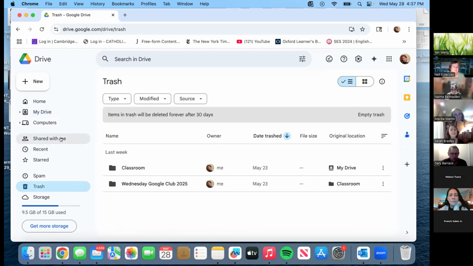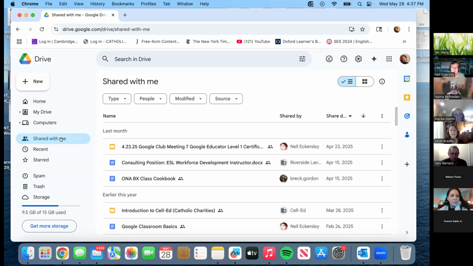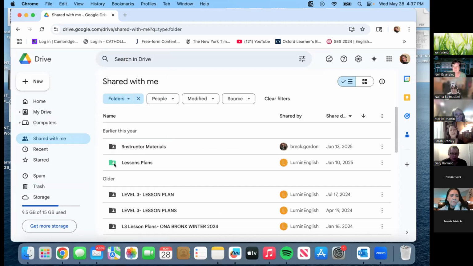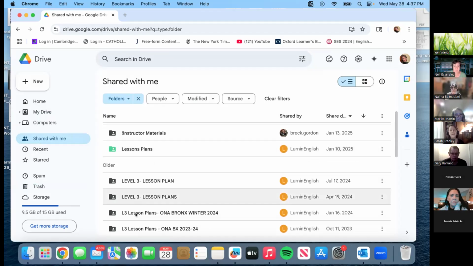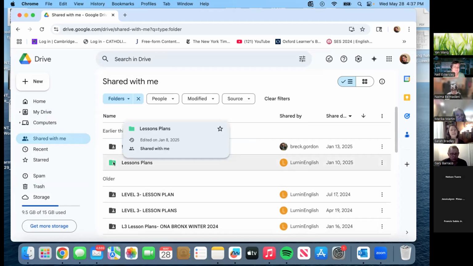Somebody else made the folder for me. Again, this is something that I had to learn. Again, I go into folders and I've got it in green so I can see right away because I've got all these other lesson plan things from different years. And so this makes it much easier for me to find.